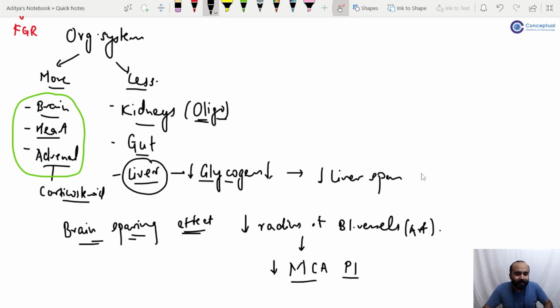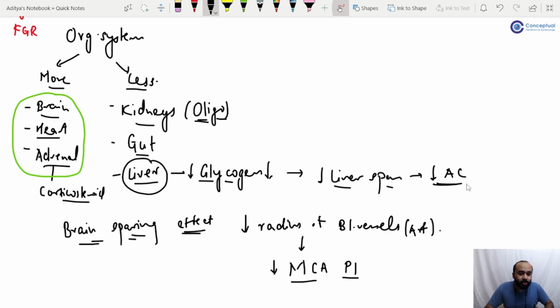Once the liver span is reduced, there is going to be an eventual reduction in the abdominal circumference as well. Obviously, there is also going to be a reduction in the abdominal wall fat. But the more important aspect over here is that the liver span is reduced, so the abdominal circumference is reduced.